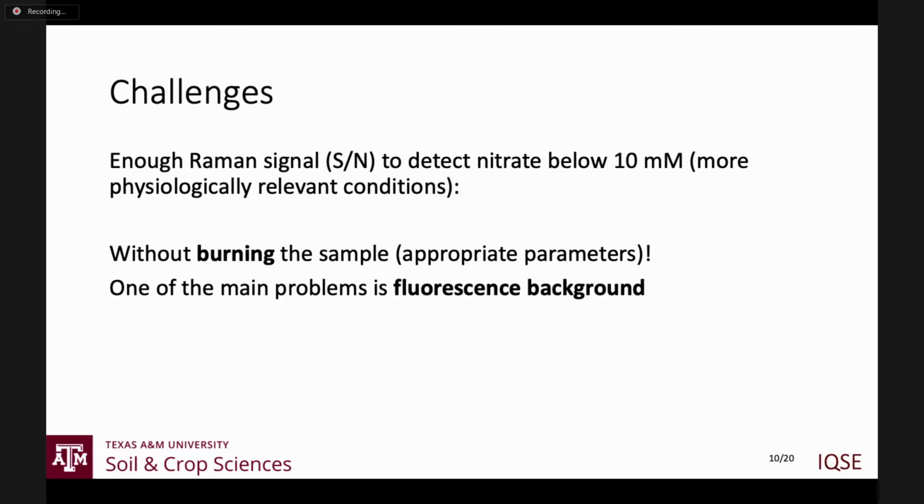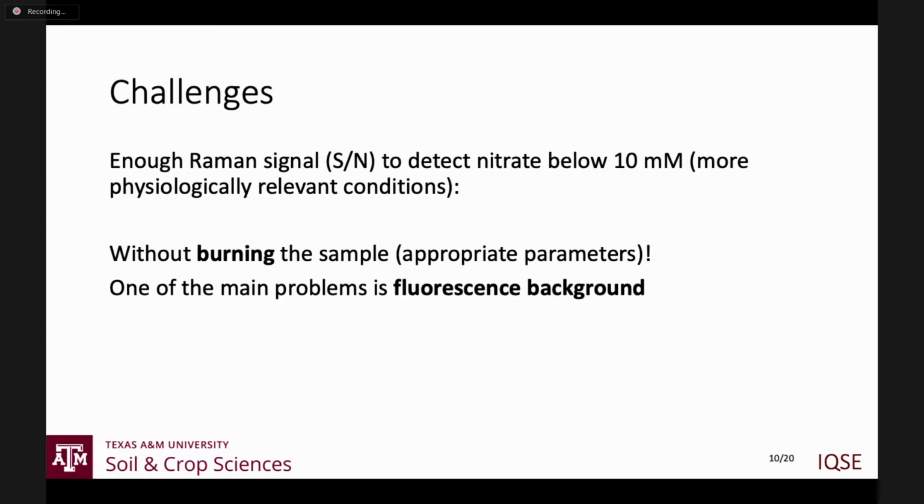The goal was to do it in the root, of course, at concentrations below 10 millimolar, because in the soil it seems to be like 1 to 5 millimolar, though many studies go way up to 175 millimolar. Our collaborators in soil and crop science say it makes no sense. We really need to do this study at physiologically relevant conditions, and we have to go down as much as possible.